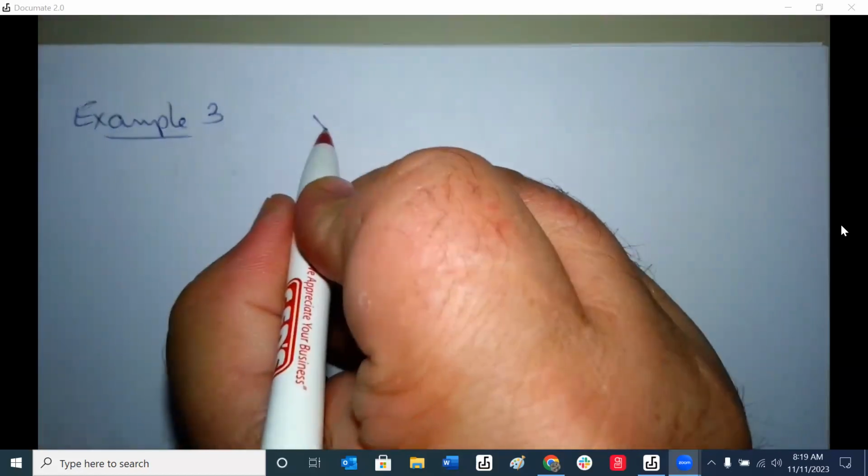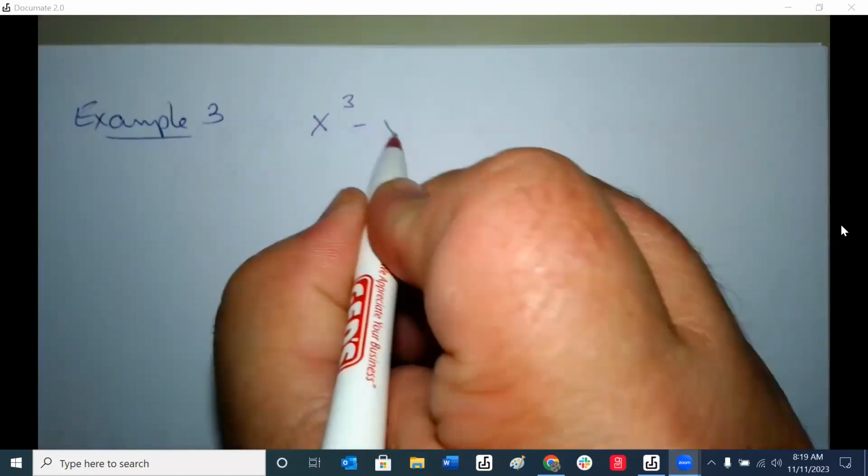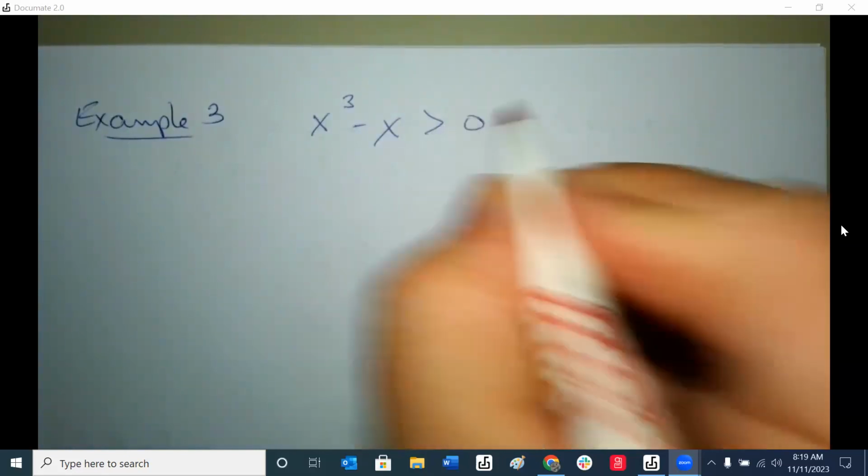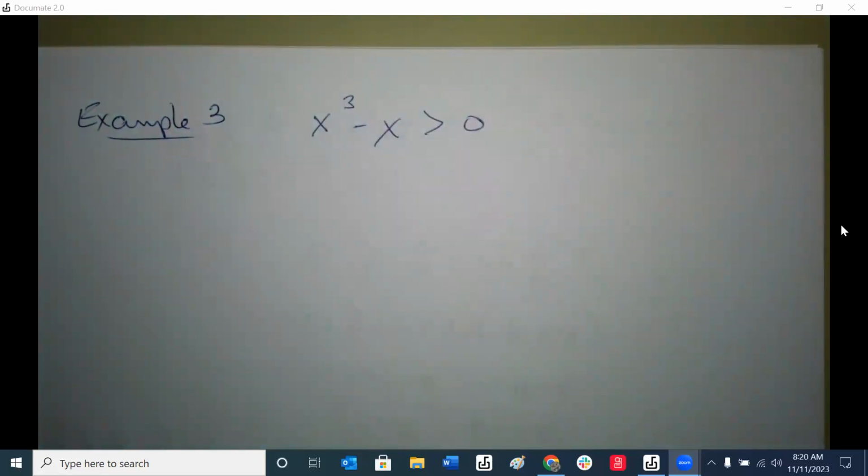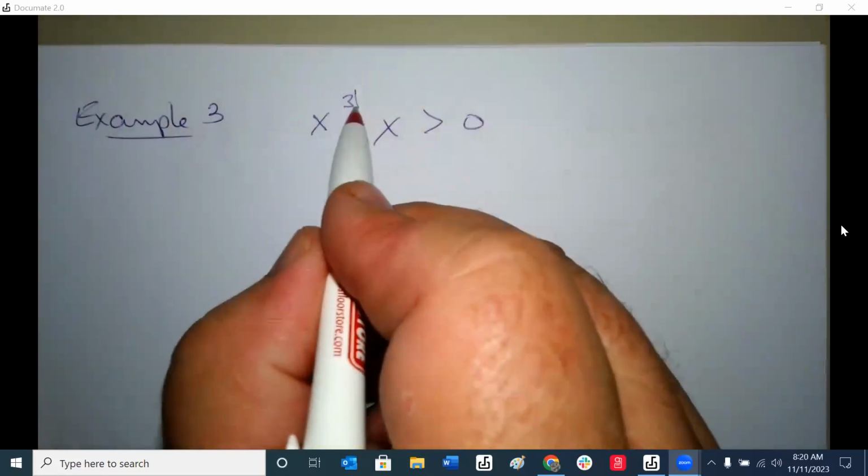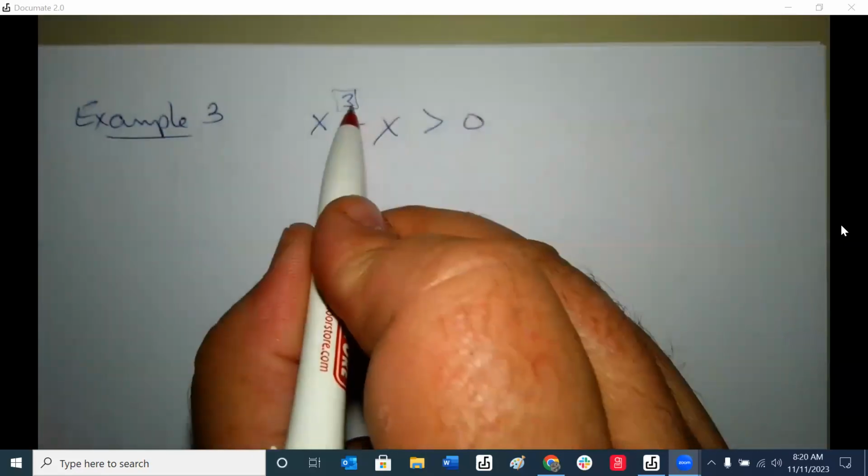All right, let's look at example 3. x cubed minus x greater than 0. Again, from our graphing phase, we know the degree is odd.